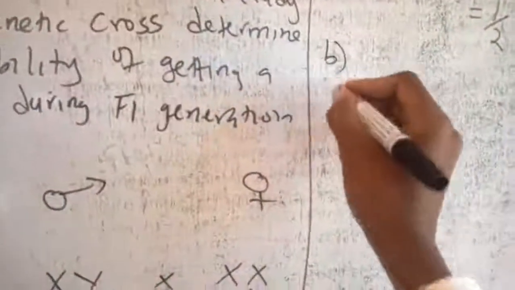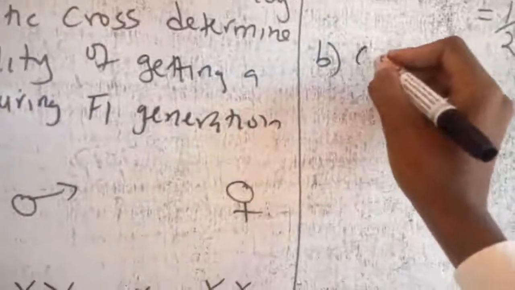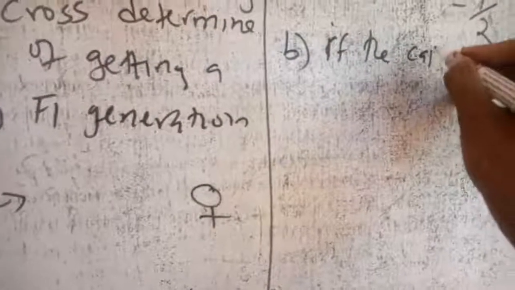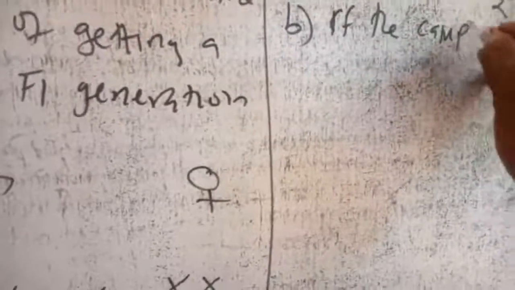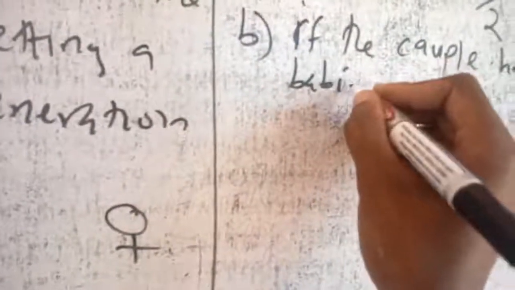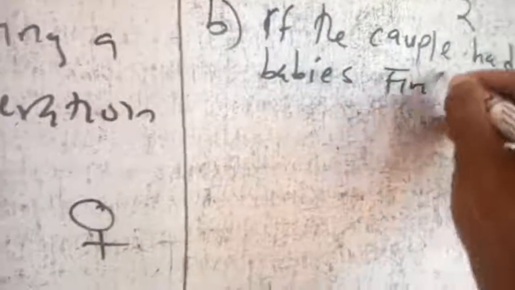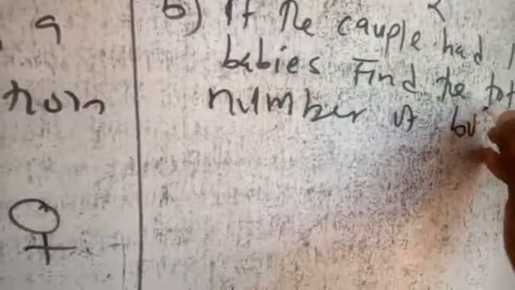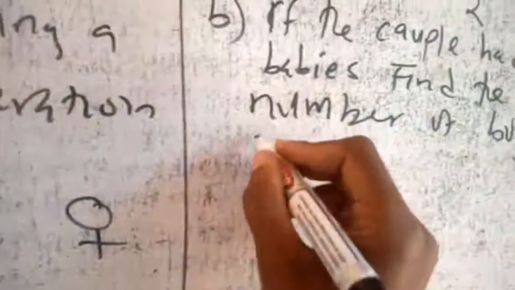The second question we may be asked: if the couple had 12 babies, find the total number of boys they had.